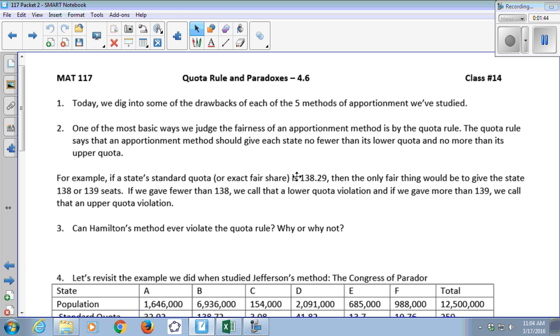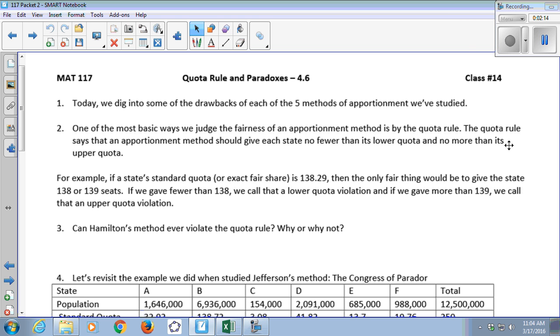The quota rule says that an apportionment method should give each state no fewer than its lower quota and no more than its upper quota.